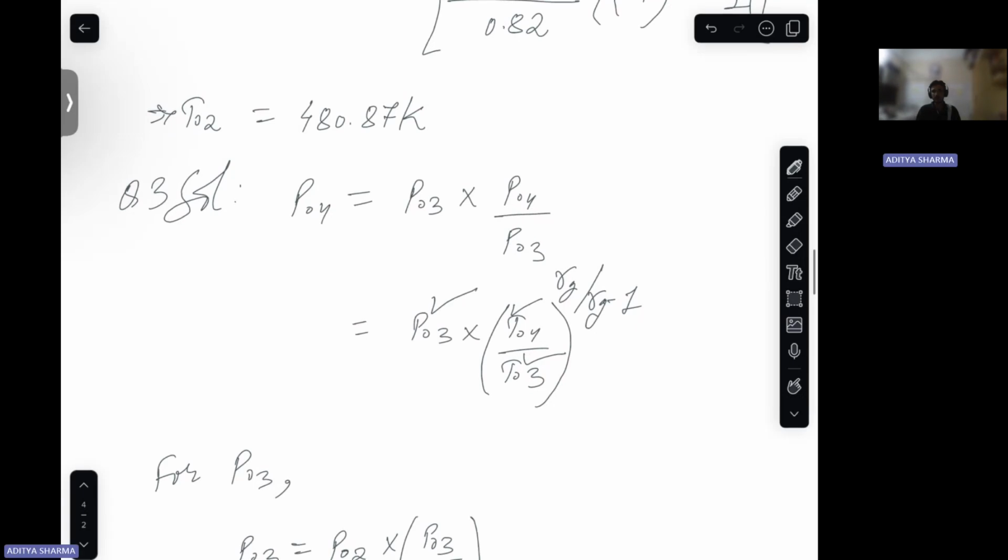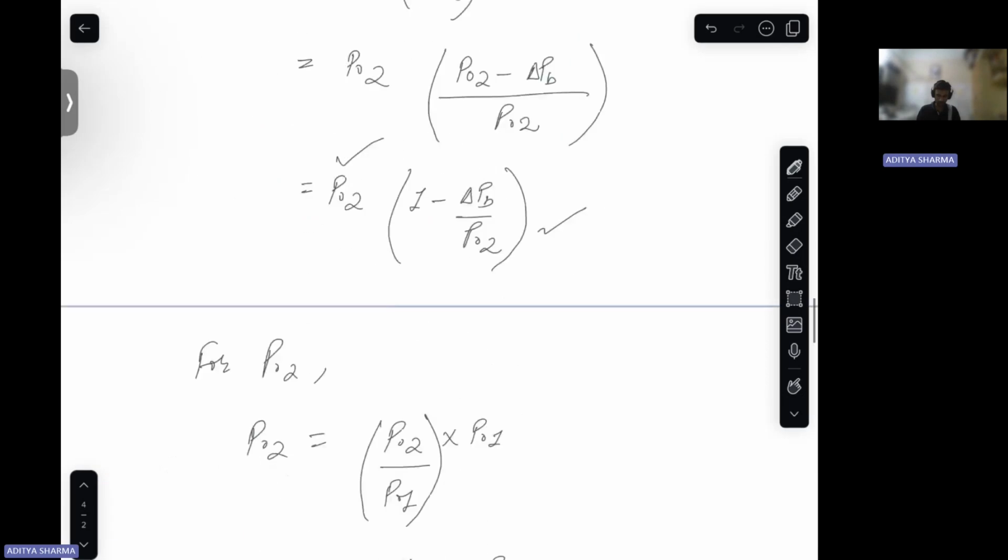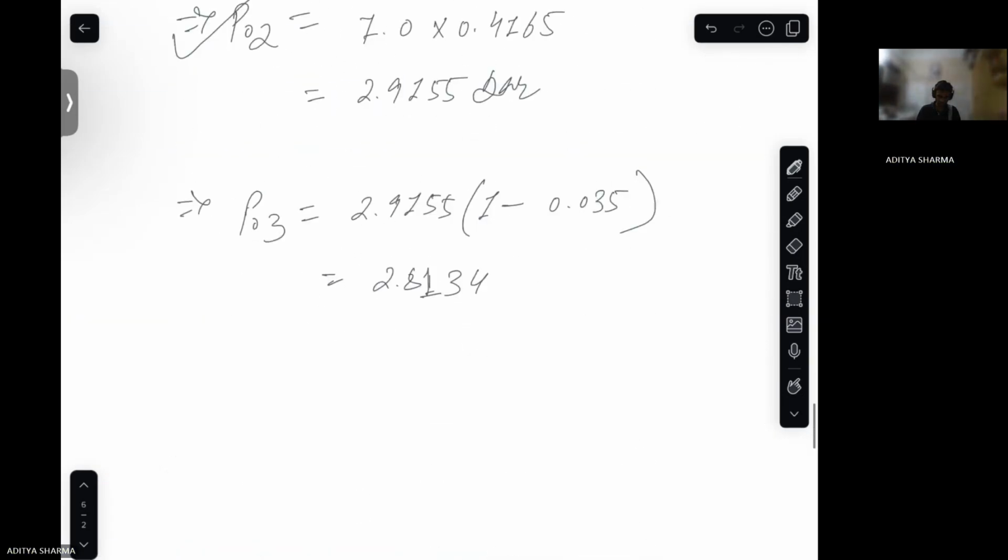Now we want to calculate T naught 3. Right? This we have. This we have. Now we want T naught 4. T naught 3 we have, we want T naught 4.